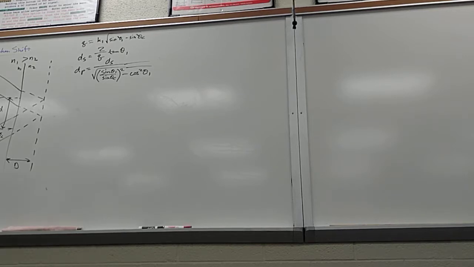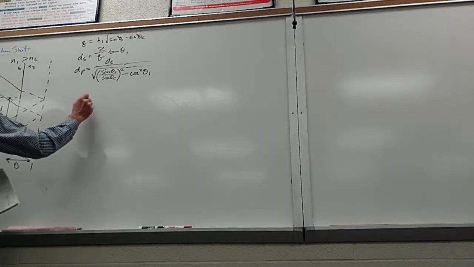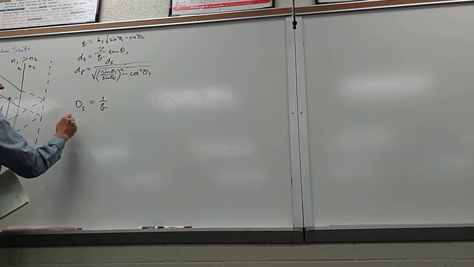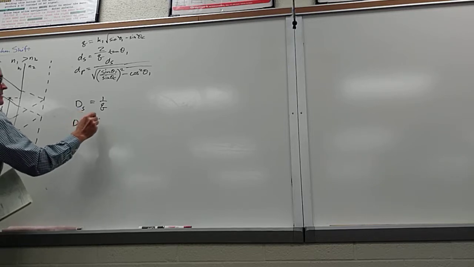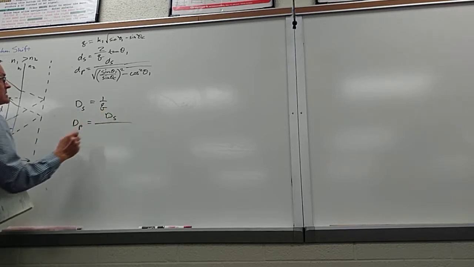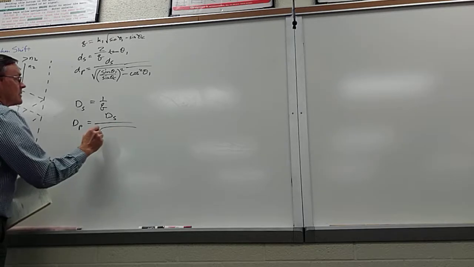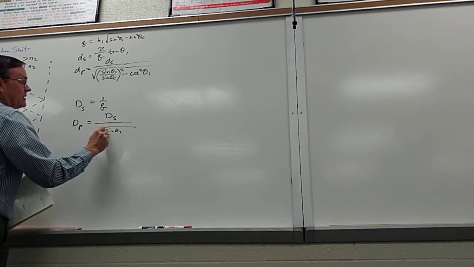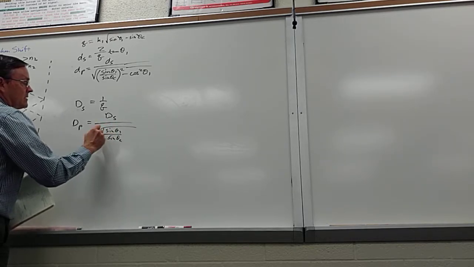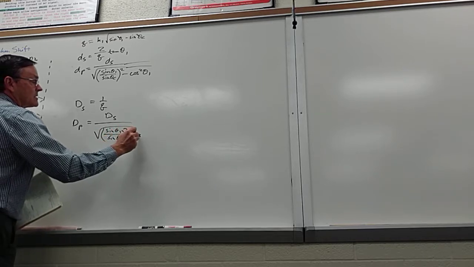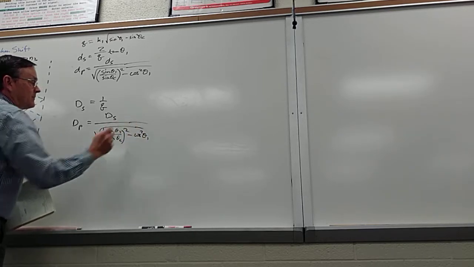And you can calculate the depth of that virtual interface. For TE polarized light, it's 1 over Q. For TM polarized light, it's the same as for TE polarized light divided by the square root of the quantity sine theta 1 over sine theta c, squared, minus cosine squared theta 1.